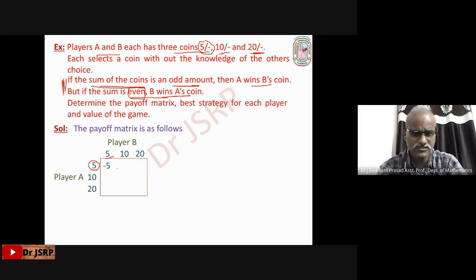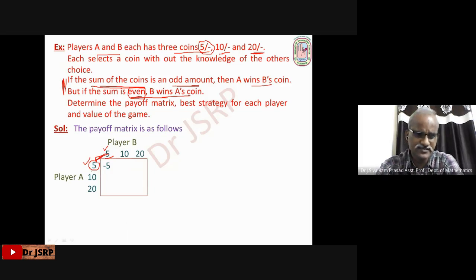So this is minus 5. So the payoff corresponding to the first strategy of player A and the first strategy of player B is minus 5. Since the sum is even, B wins A's coin, which is 5, so B wins 5. That means A loses 5.